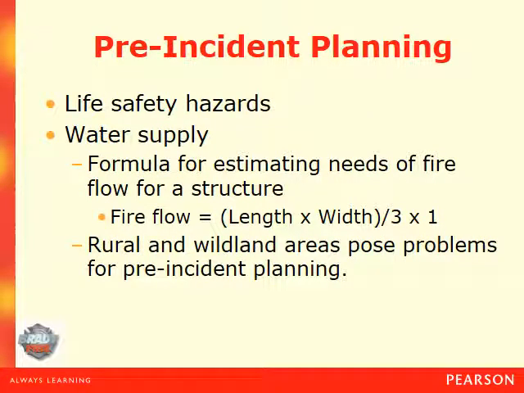Life safety hazards and water supply. The formula for estimating the needs of fire flow for a structure is as follows: fire flow equals length times width divided by 3.